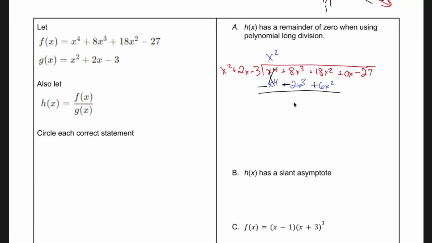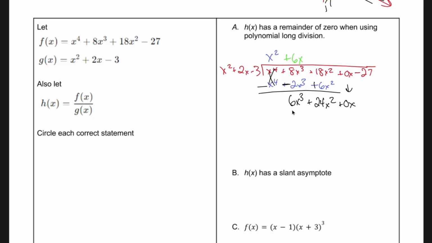You go away. You become 6x cubed, and you will become 24x squared. Drop down the 0x. Repeat. X squared times 6x is going to give me 6x cubed.